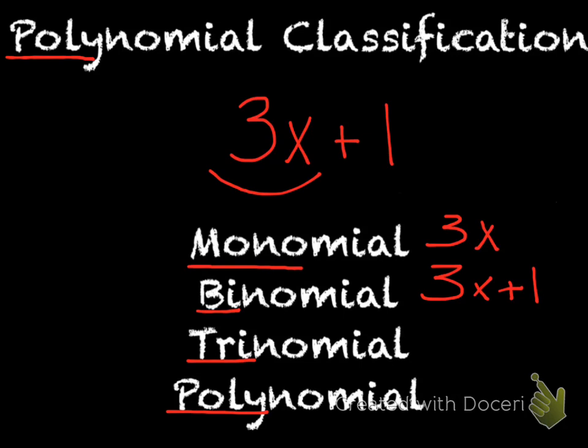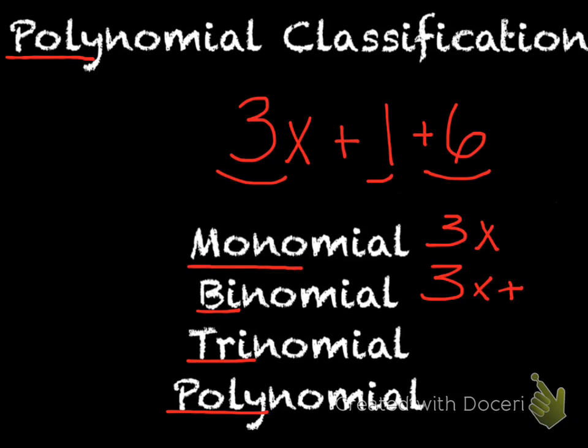Well, how would I add something to this that would make it 3 terms? Now you might be saying, well, just add another number, like plus 6. Thinking. Would that be a trinomial because it's got 3 terms?